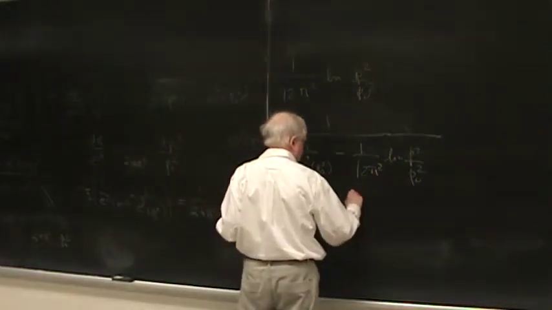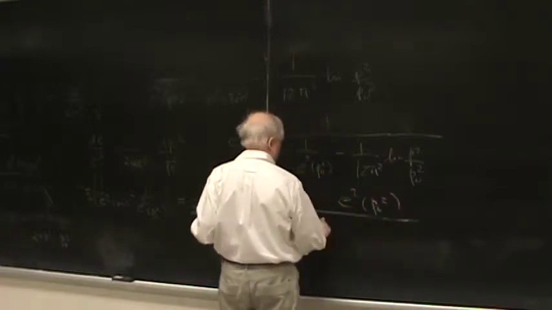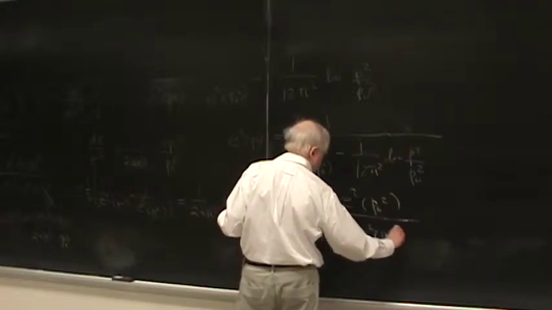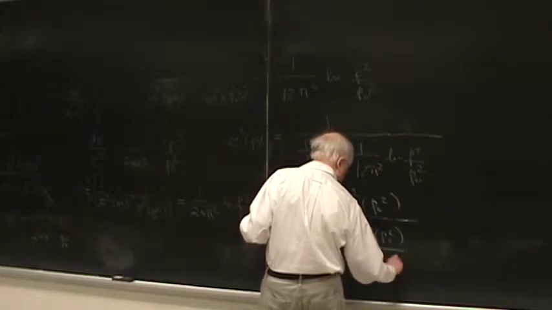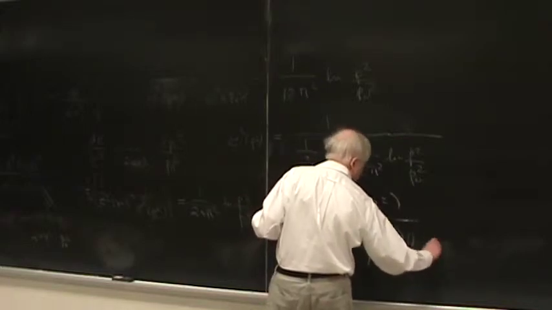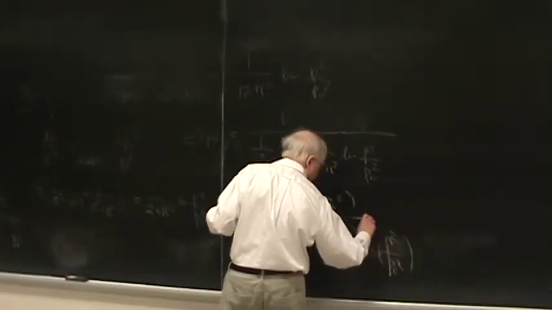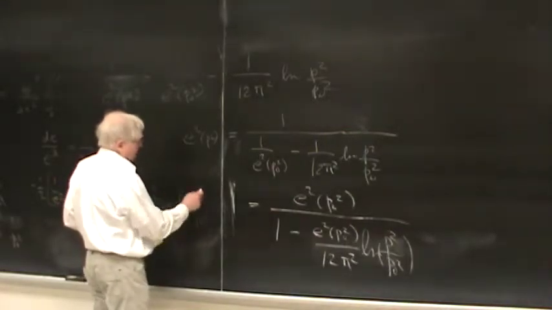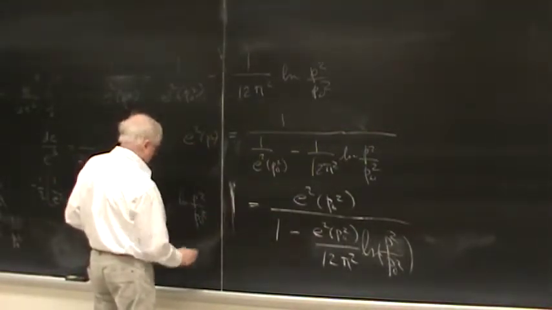And then you get e squared of p0 squared divided by 1 minus e squared of p0 squared over 12 pi squared log p squared over p0 squared. Okay. And so that's our e squared of p squared. It's equal to that. Right?